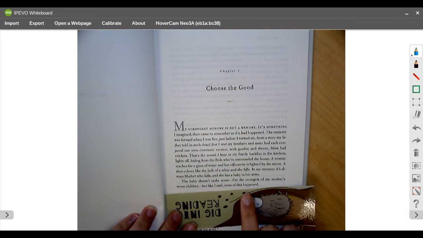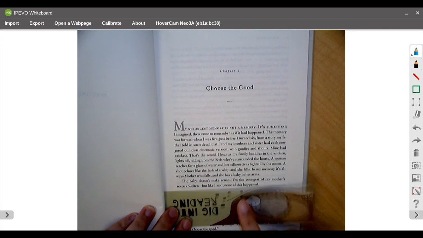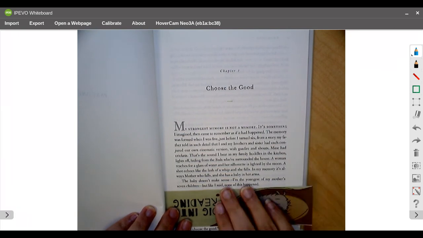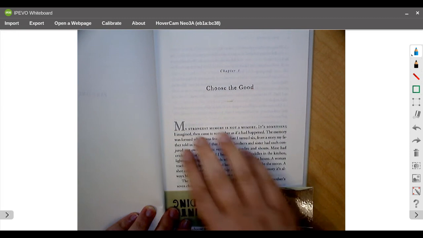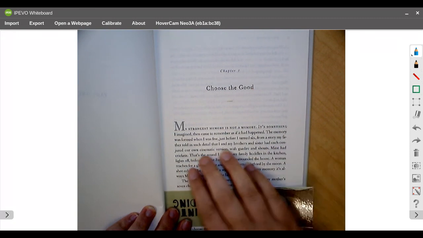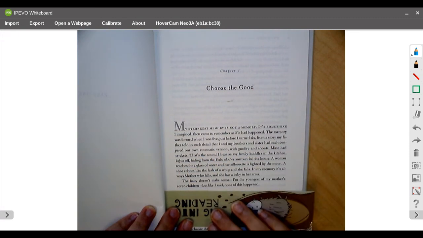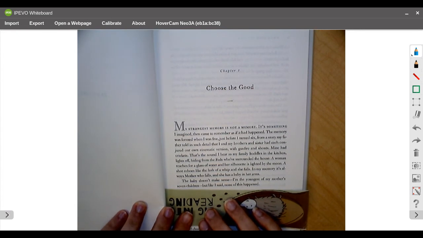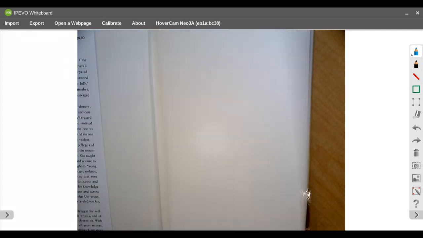What I need is sticky notes, and I need something to write with. That's it. If this book belonged to you, you could highlight, you could underline. We cannot do that because this book is a library book, so I don't want to disrespect these pages. So hold on while I go grab that.